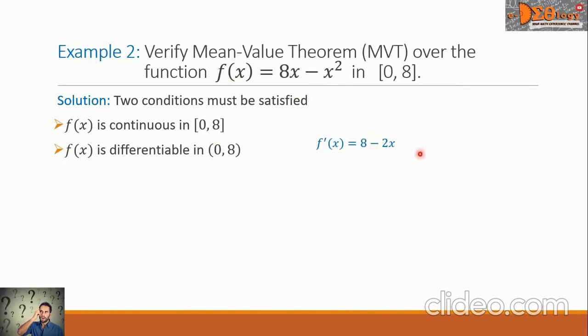We can see that our derivative here is another polynomial function. And we know that polynomial function is continuous. And this function is defined in the open interval from 0 to 8. So we can conclude that f of x is differentiable in the open interval from 0 to 8.